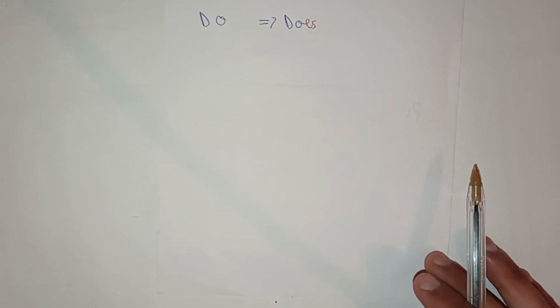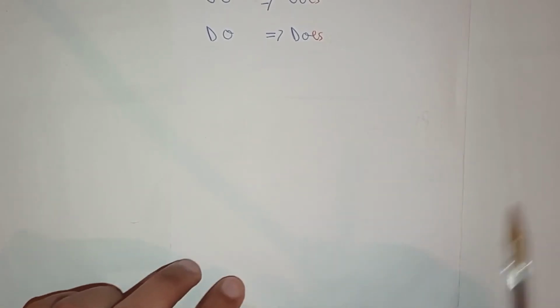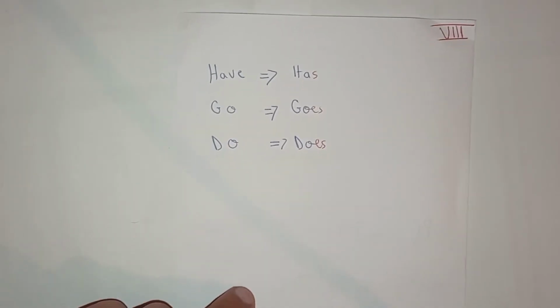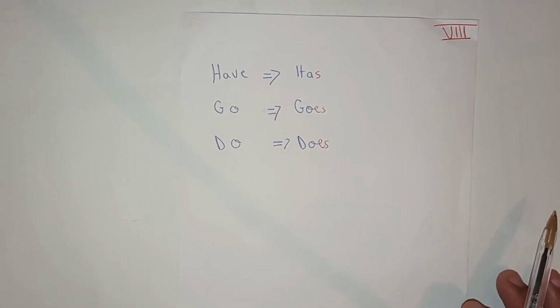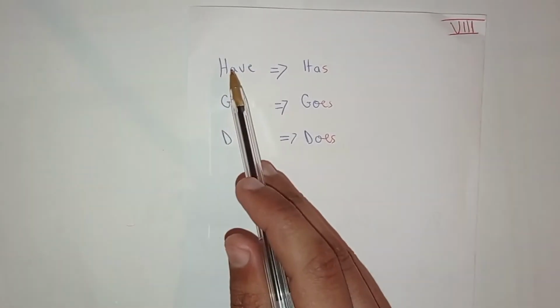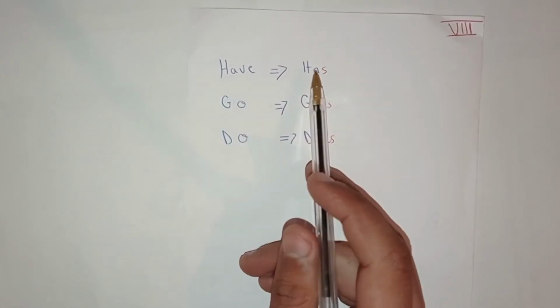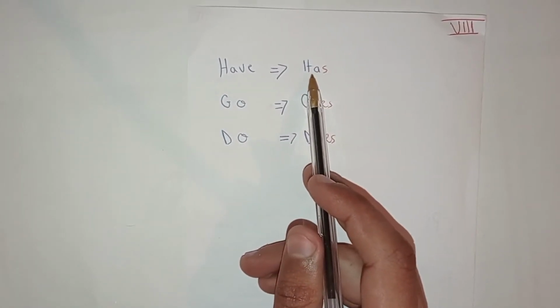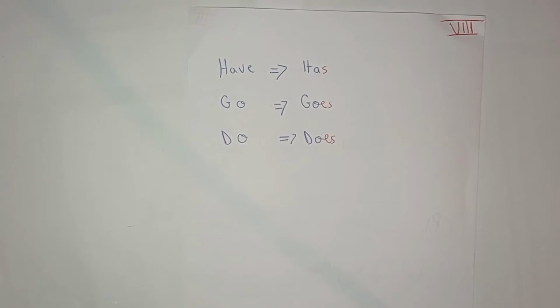Okay. We have other verbs here. So, okay, we can call them irregular. Have becomes has in he, she, it. Okay? We say, I have a book. He has a book.